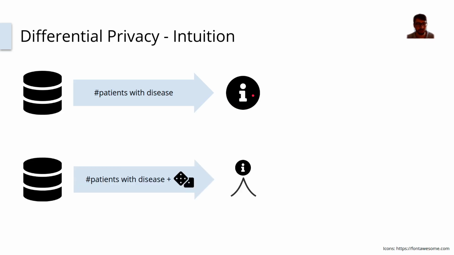Differential privacy suggests a solution to this concern, which is obfuscating the output by adding an appropriate amount of noise. In this case, the output is no longer a deterministic value but follows a distribution, and it is now much harder to infer sensitive information from samples of this distribution.